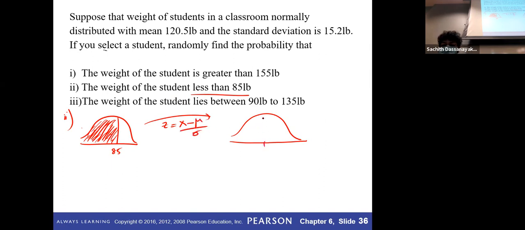So this area, this value is going to be C2 = (85 - 120.5) / 15.2.